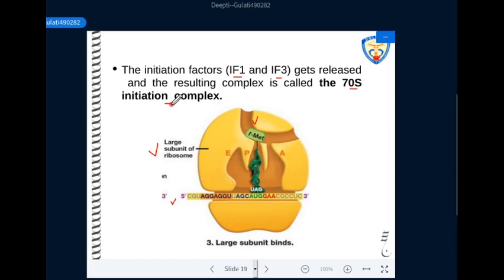So in the 70S initiation complex, what we will have is the P site occupied by the initiator tRNA, the 30S ribosomal subunit attached to the 50S ribosomal subunit, and a messenger RNA strand properly placed in between these two ribosomal subunits.